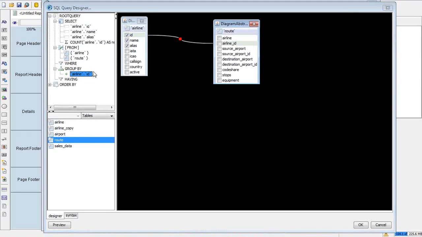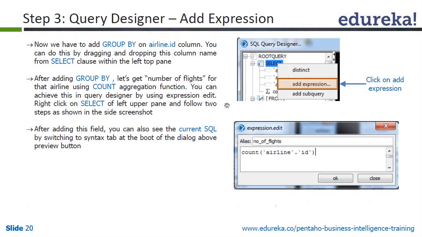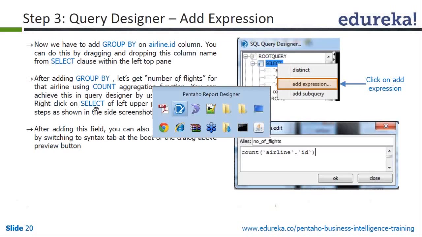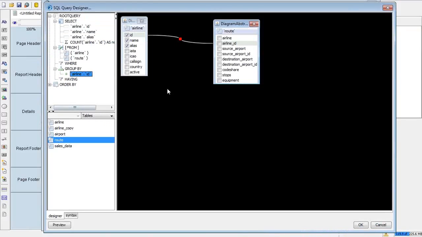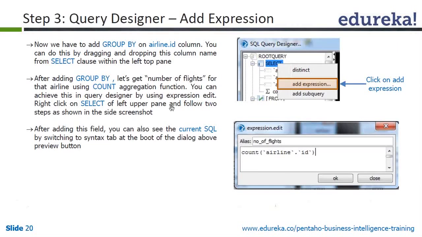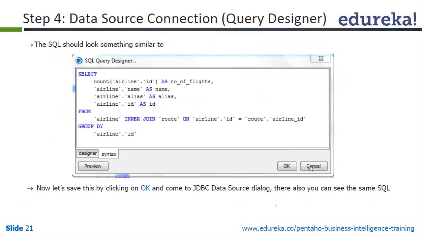So we are doing group by based on airline ID. Now, yeah, so aggregation without group by is not possible. That was the question. And we have added airline ID, so that will give us count of that particular airline ID. So we have added this, and let's go to next.